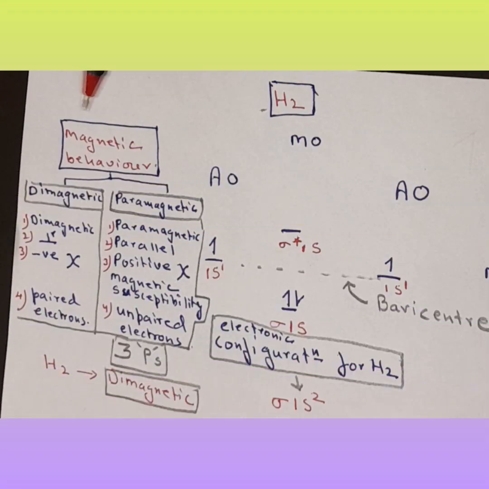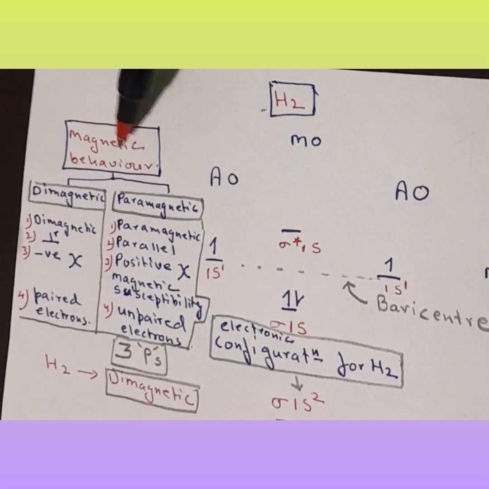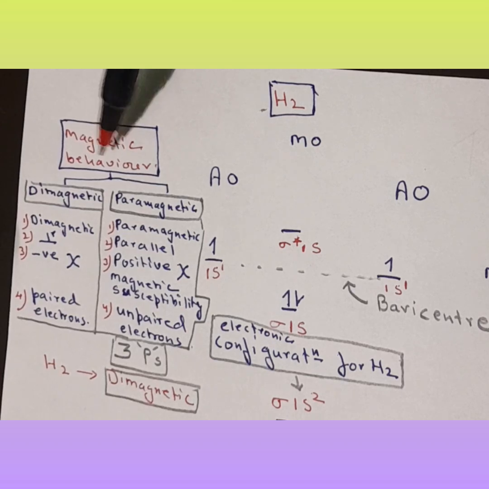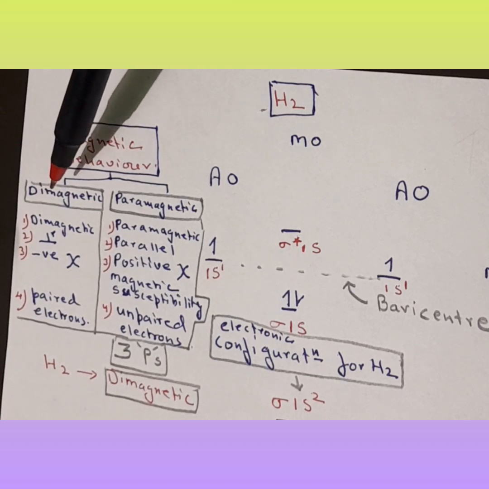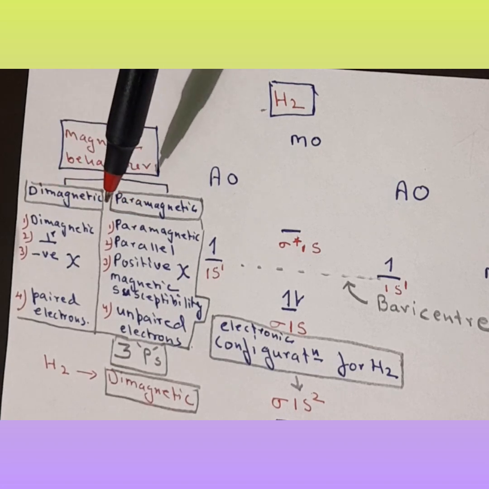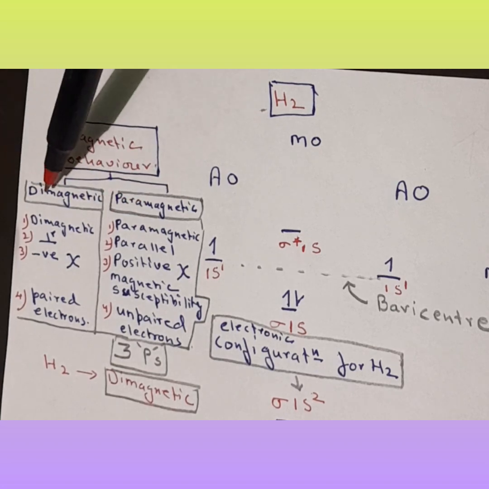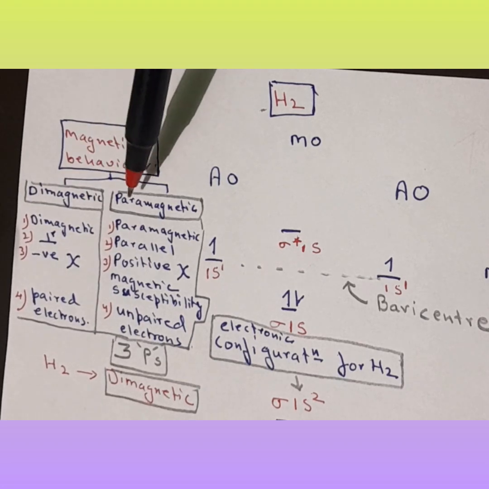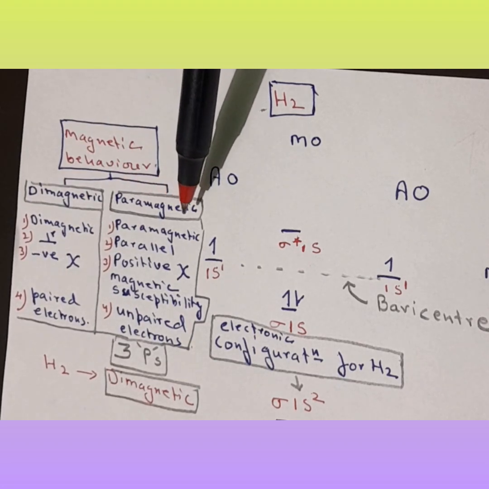Now let's understand magnetic behavior. There are lots actually: paramagnetic, diamagnetic, ferromagnetic. But right now we are concerned with diamagnetic and paramagnetic materials.